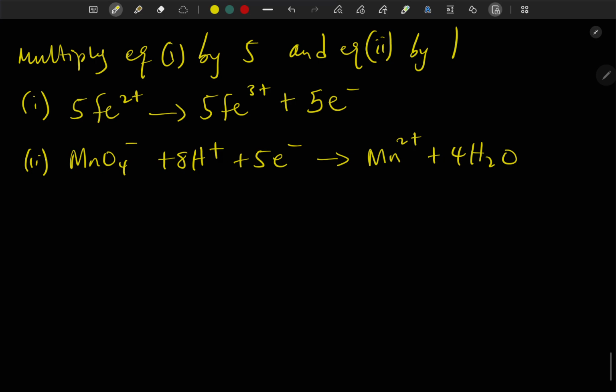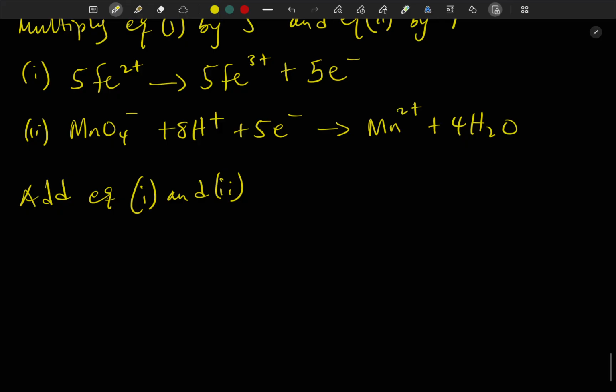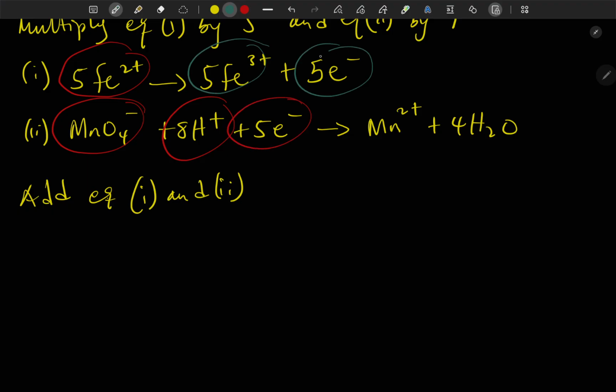Now we can combine equation 1 and equation 2. Add equation 1 and 2. So if we add equation 1 and 2, we get our net ionic equation. So this is how you are going to add. You add all the terms at the left hand side together, then also add all the terms at the right hand side together. So let's do the left hand side first.